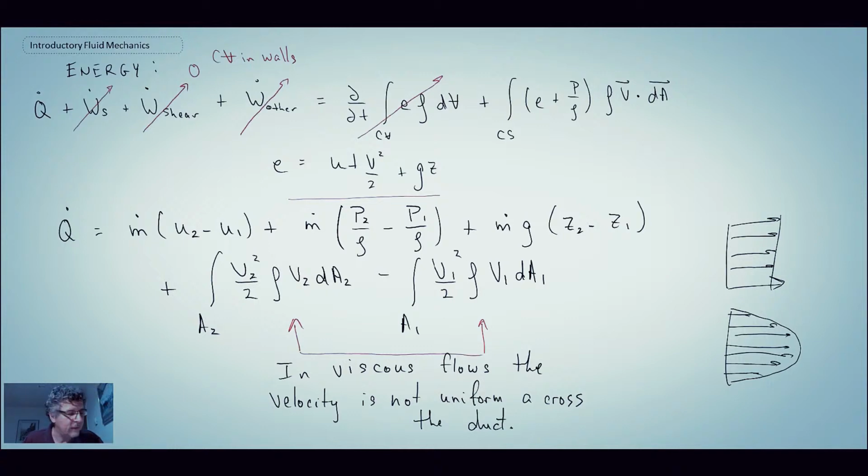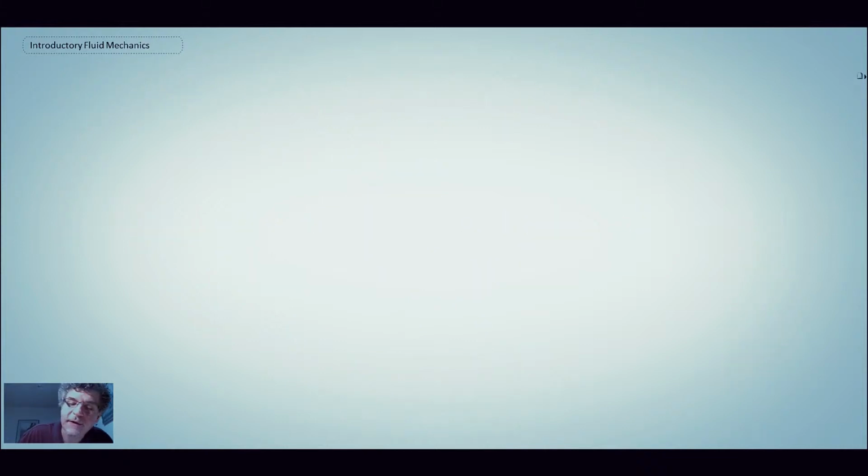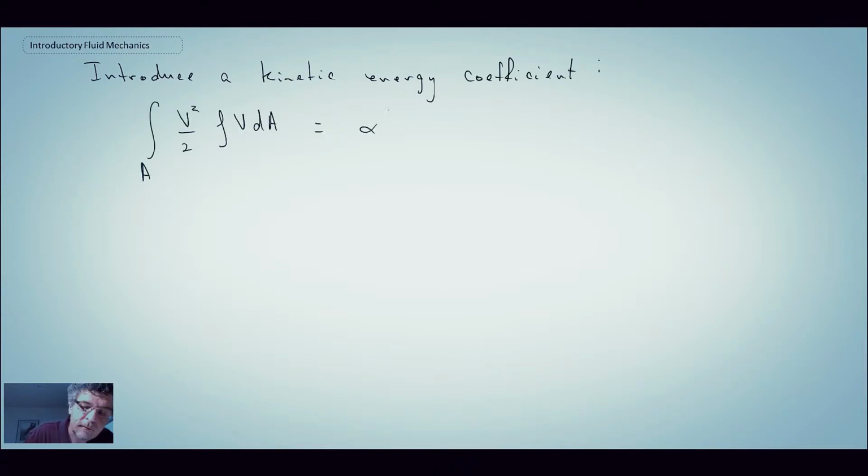So when we're dealing with viscous flows, the velocity is not uniform. And so the way that we handle that with the energy equation is we're going to introduce a kinetic energy coefficient. So let's take a look at that now. What we have here is this kinetic energy coefficient. And if you look at what is within both integrals, right now they're identical.